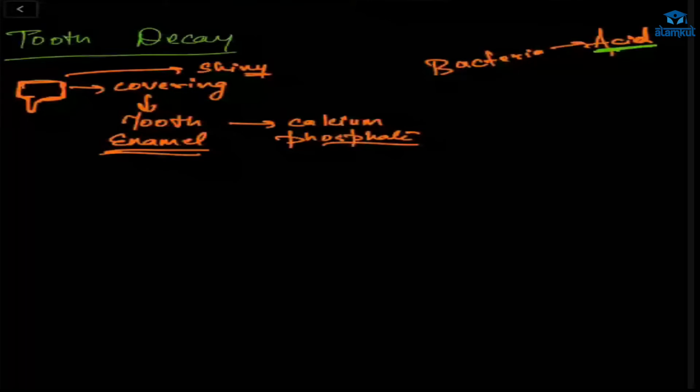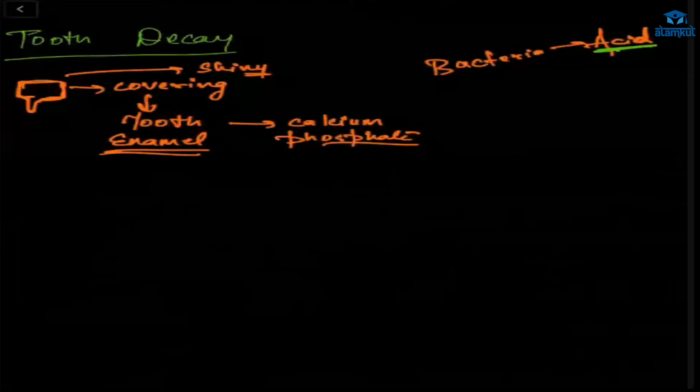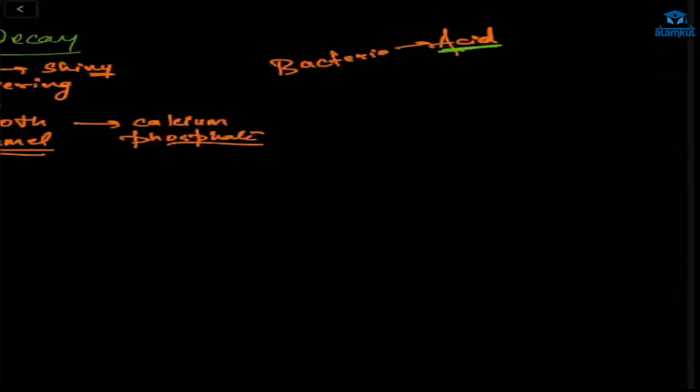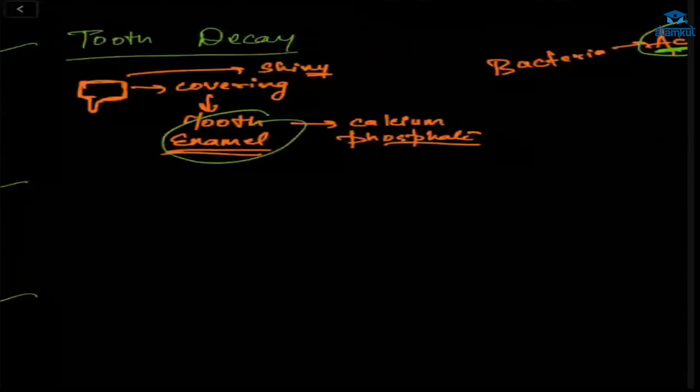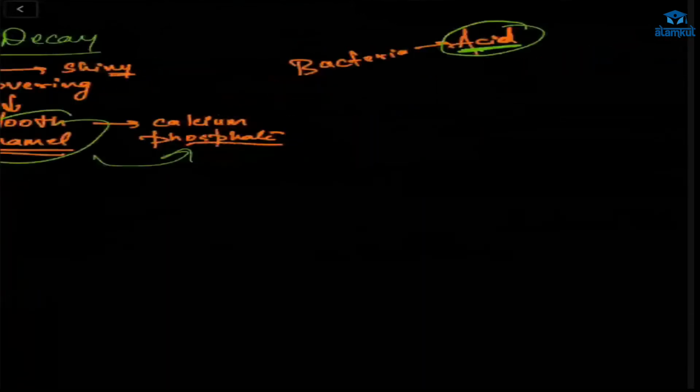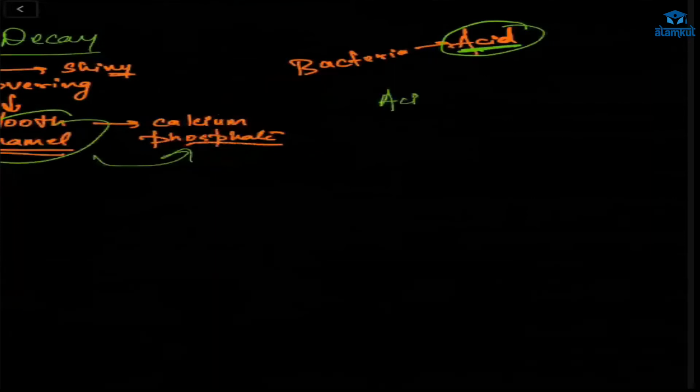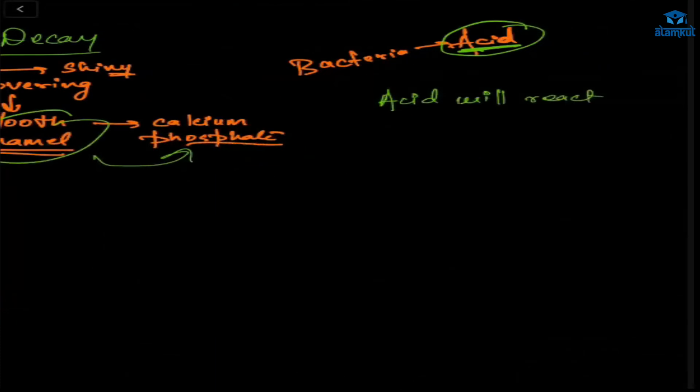Bacteria will produce acid, and there is one covering on our teeth which is called tooth enamel, and tooth enamel is made up of calcium phosphate. So what will happen next? The acid will start reacting with the calcium phosphate and acid will corrode it, just like the Taj Mahal.